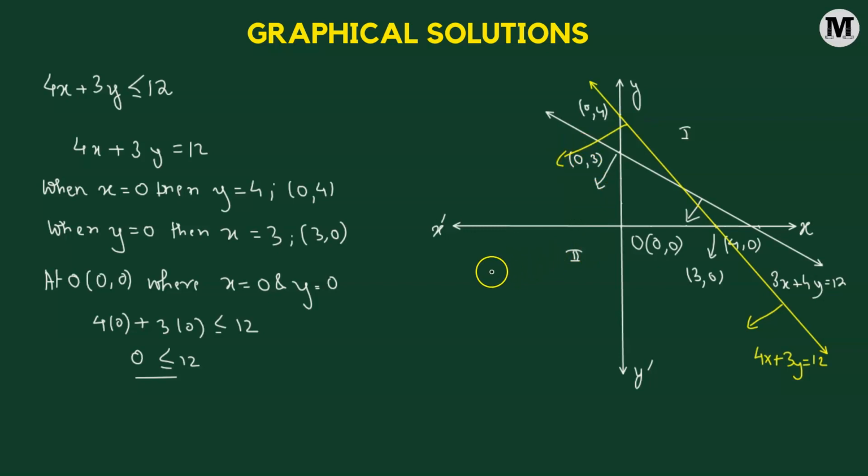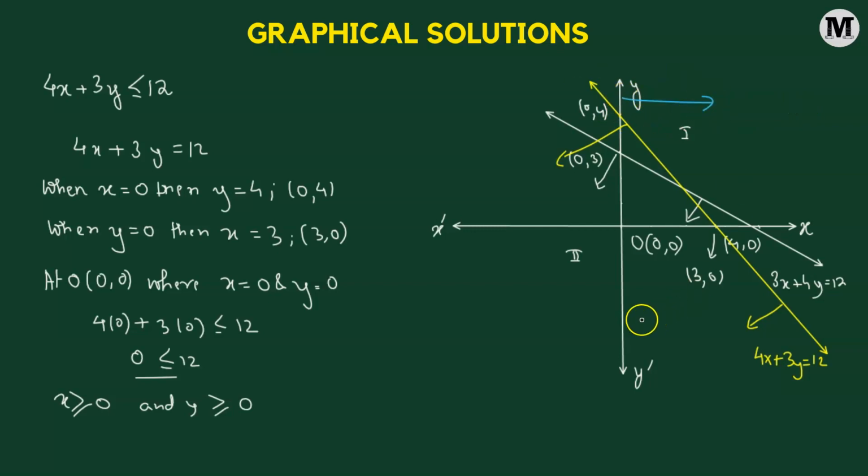Okay, now we have two more inequalities given to us. We have x greater than or equals to 0, and the other one being y greater than or equals to 0. Now x greater than or equals to 0 means we're going to lie to the right of the y-axis, so this entire region.